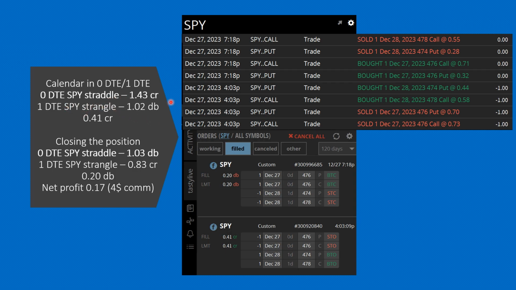And you can see here I have a credit of 0.41. In other words, selling the call and put at the money brings in more at that moment than buying the slightly out of the money call and put. As you can see here, I bought the 474 and 478 versus selling the 476. So I got 0.41 credit.